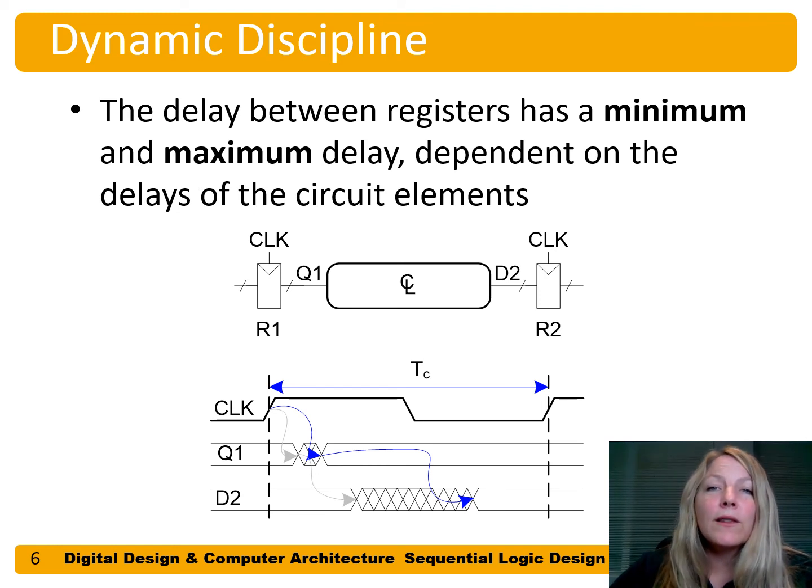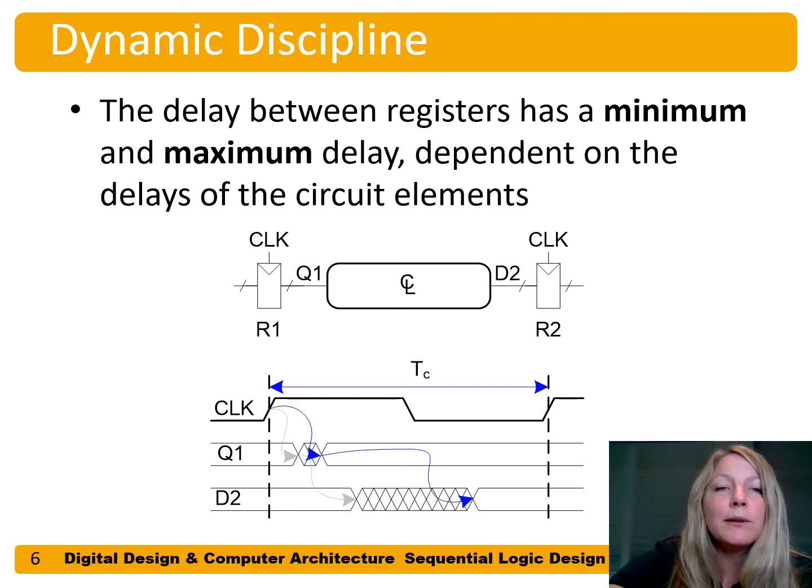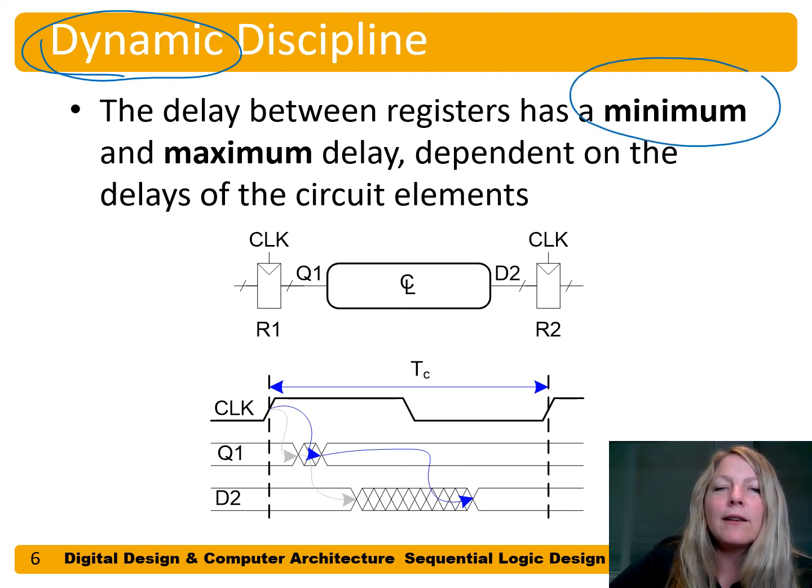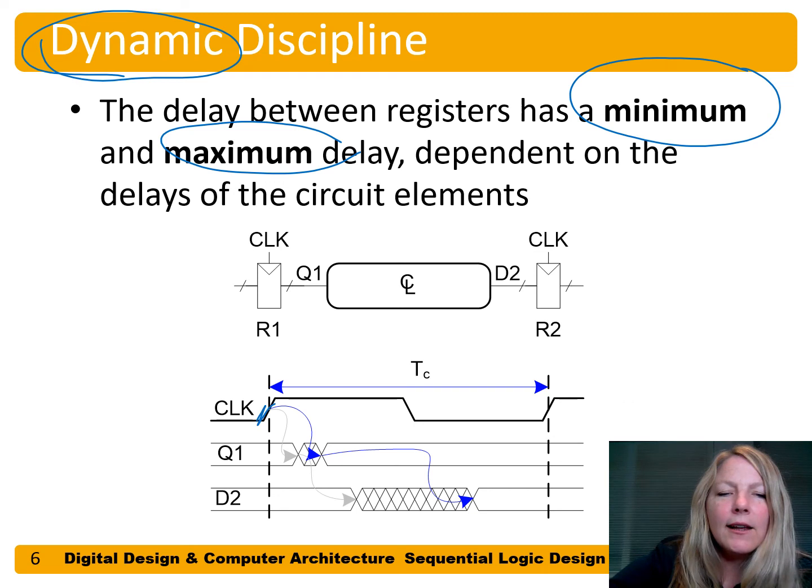So let's consider what the timing is of our synchronous sequential circuit. And this timing, we call it the dynamic discipline because it's a discipline of signals when they're changing, or dynamic. So the delay between registers has a minimum and a maximum delay, depending on the delays of the circuit elements. We have a clock edge, and we have our contamination clock to Q changing that output Q1, and that goes through our combinational logic, which also has a maximum and a minimum delay.